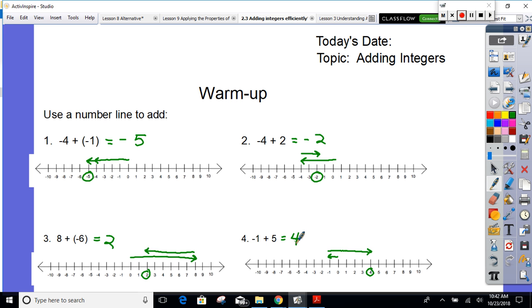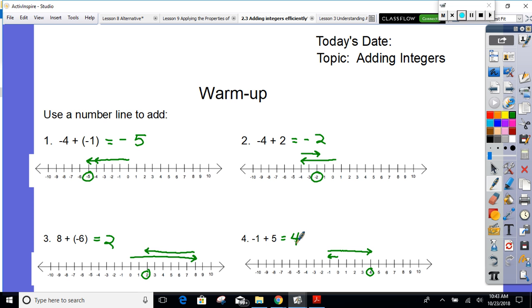Okay, now we're going to go in. Oh, actually, let's go over homework, and then we'll go into today's lesson. Okay, so homework, I'm going to work off yours because I don't have my copy in front of me. For number 1, you should have -3. Number 2, -4. Number 3 is 1. Number 4 is -10. Number 5 is -4.